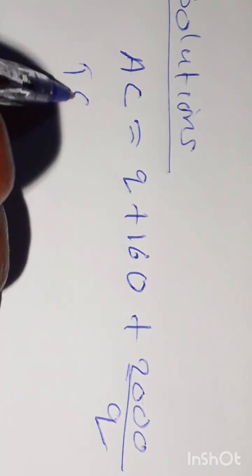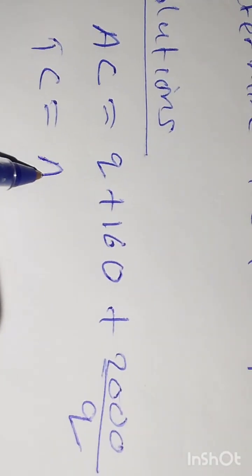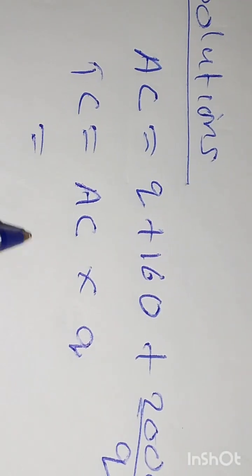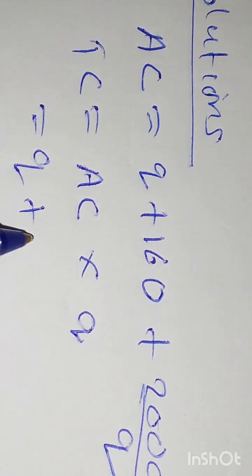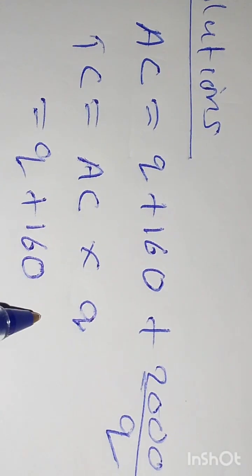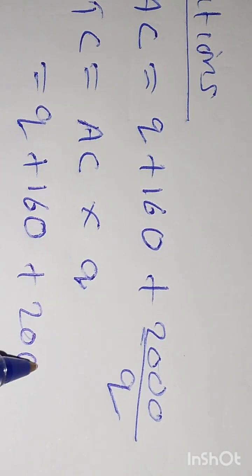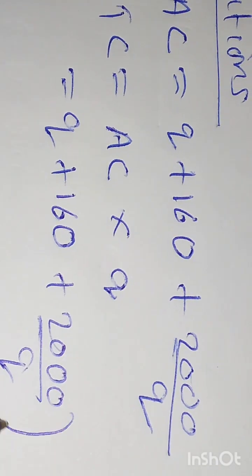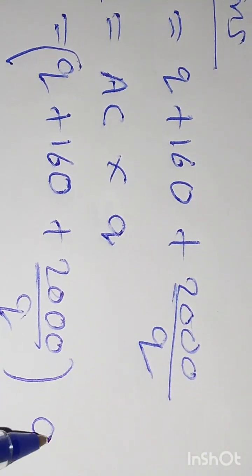Then from the average cost, we can find the total cost. Total cost is equal to average cost times Q. So we are going to have Q plus 160 plus 2000 over Q multiplied by quantity.